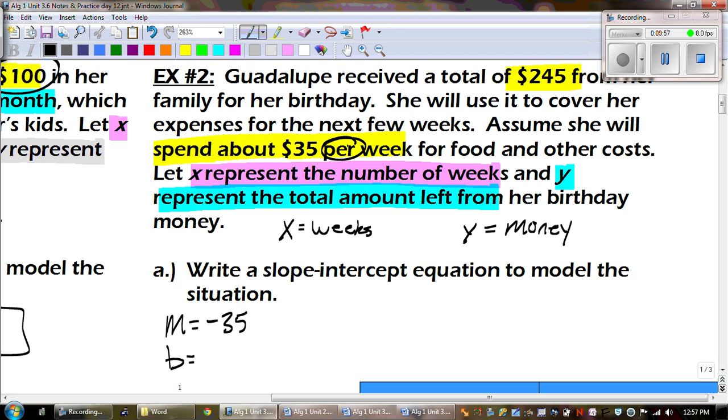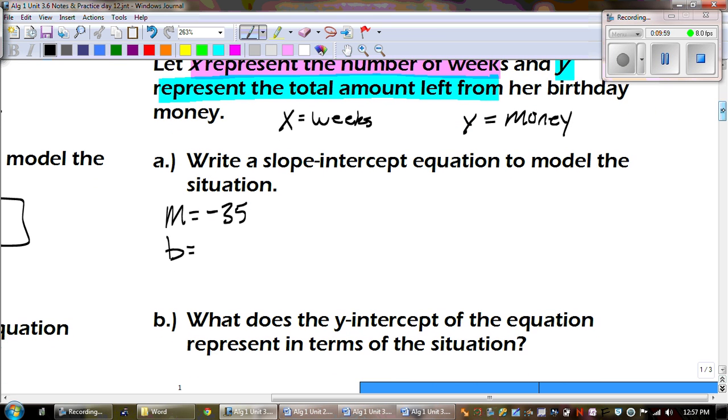It's going to be a negative 35. All right. And then our y-intercept is going to be the 245 because that's what she started with. That's what she received. Okay, so if we're plugging that in, we get y equals negative 35x plus 245.